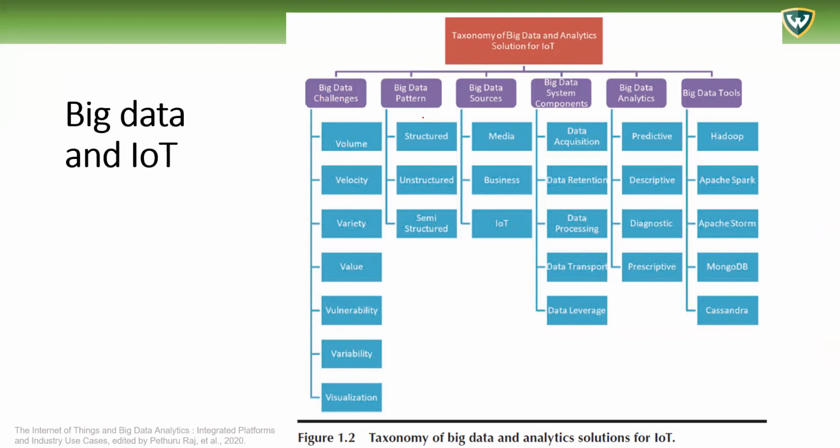I will also be talking about big data patterns, or the types of data that we deal with when we're talking about big data nowadays. Maybe we'll talk a little bit about big data sources, although we did already talk about sensors, where information may come from, and the applications they have.